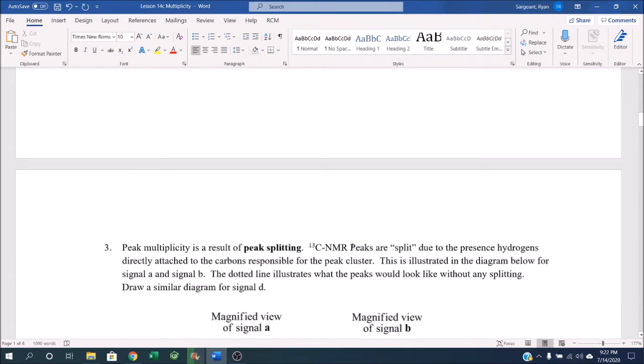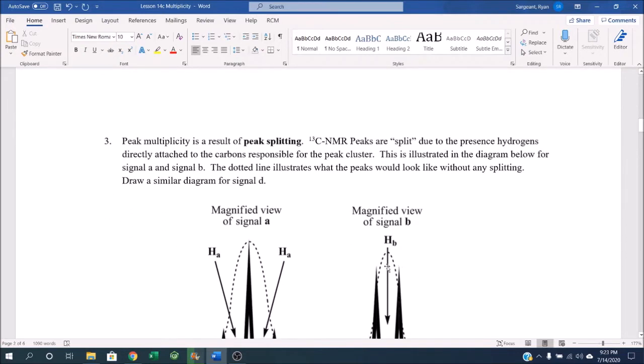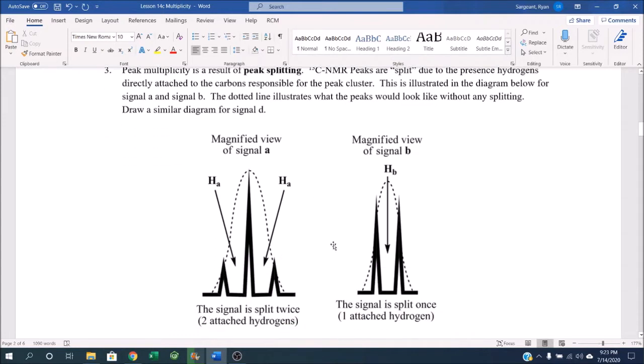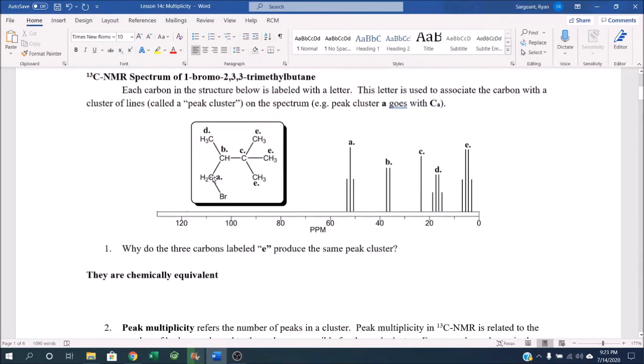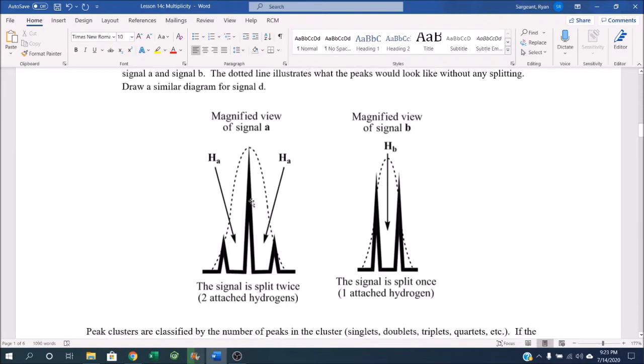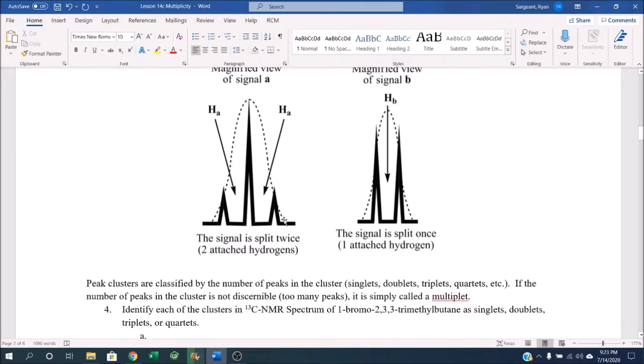Peak multiplicity is a result of peak splitting. So what happens in carbon-13 NMR is that the peak is split because of the attached hydrogens. So imagine that carbon A, which is right here with these two hydrogens, if the hydrogens weren't there, then the peak would be this dashed line. That's what the singlet would look like if carbon A had never had hydrogens.